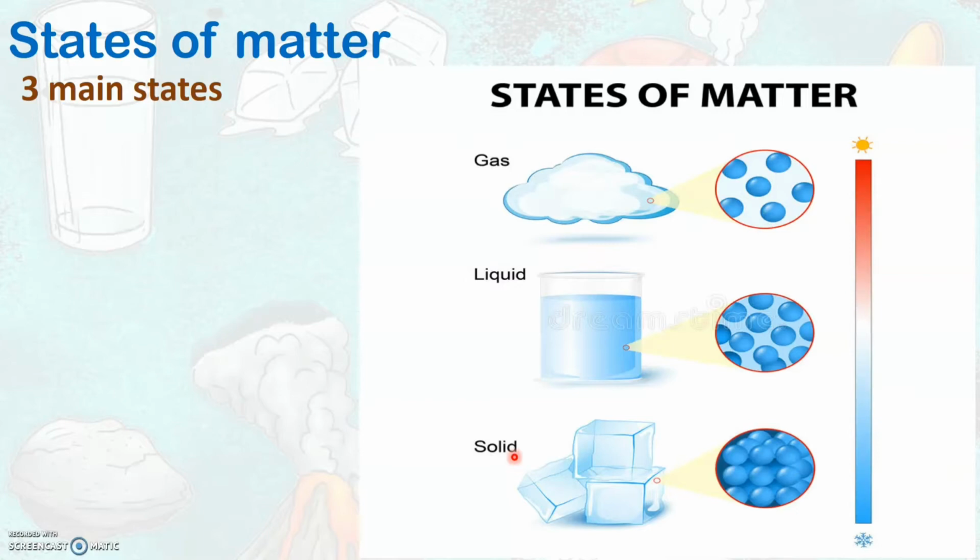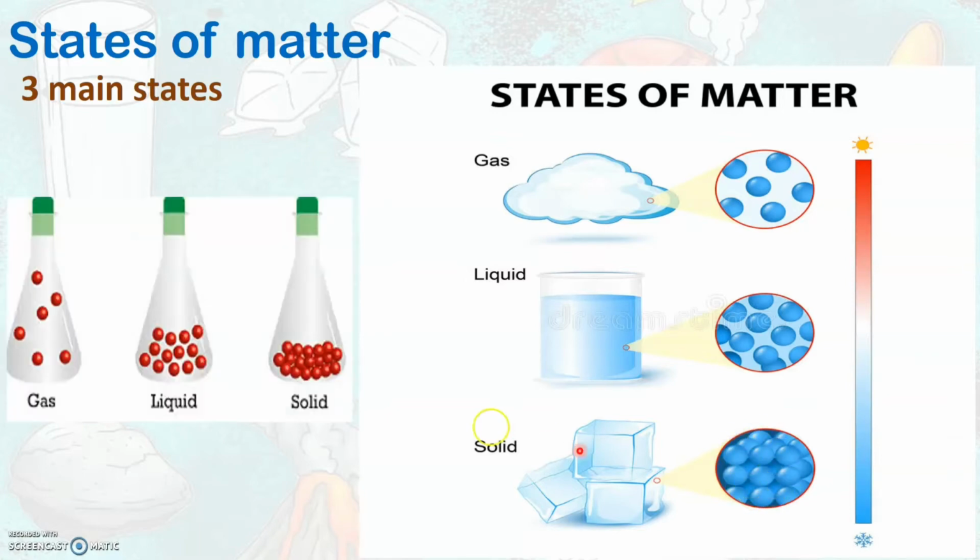Now let us see how these tiny particles or atoms are arranged in a solid state, in a liquid state, or in the gaseous state. As you see here in this picture, in case of a solid state, the tiny particles called atoms are arranged like this, which means they are very close to each other.